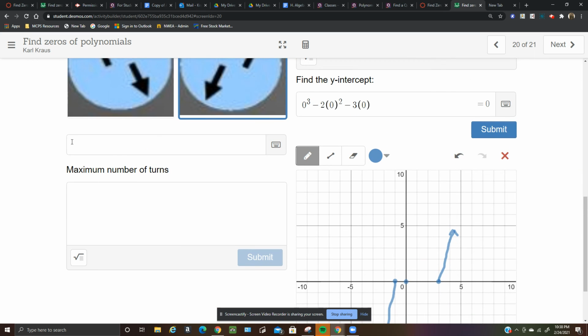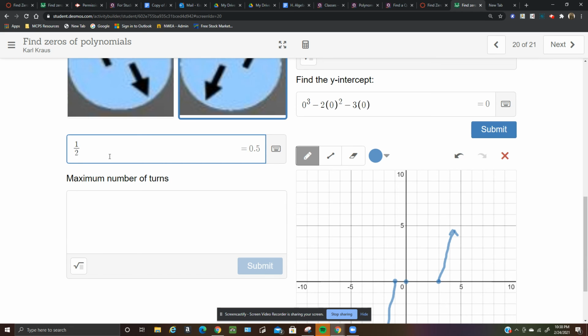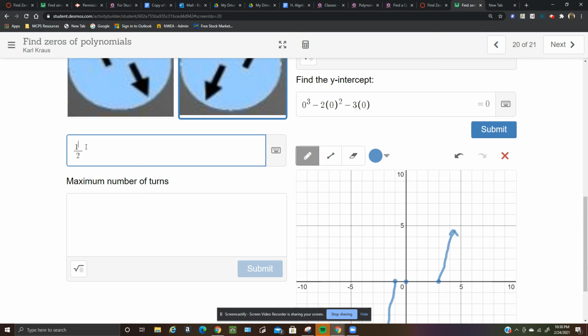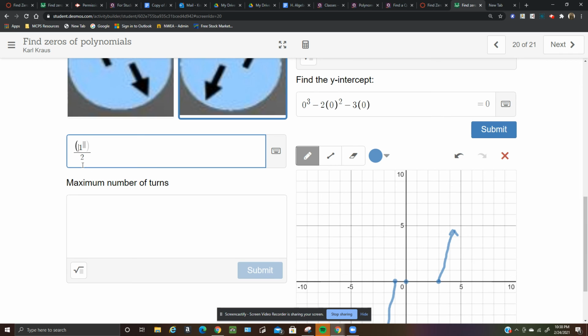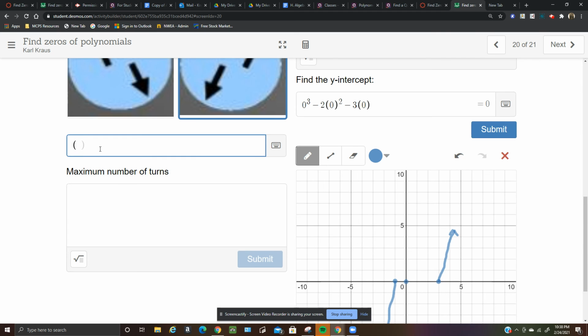And if I plug a 1/2 in, let's do it this way.